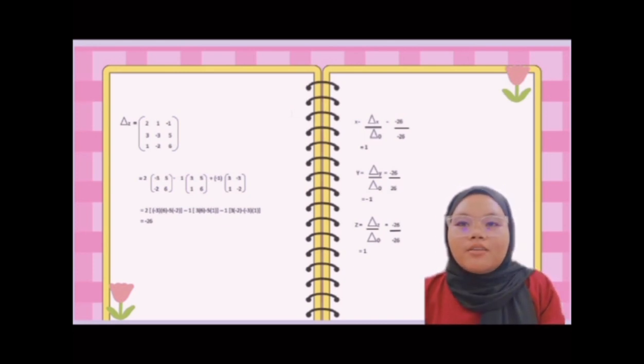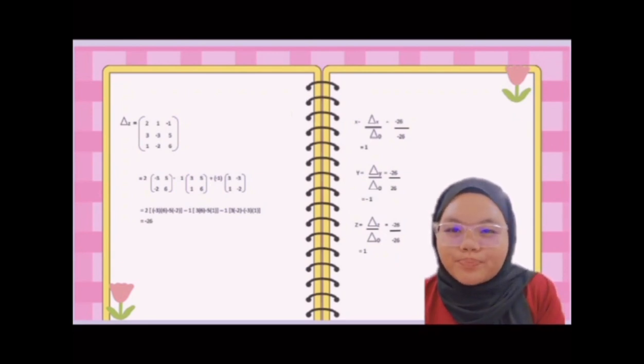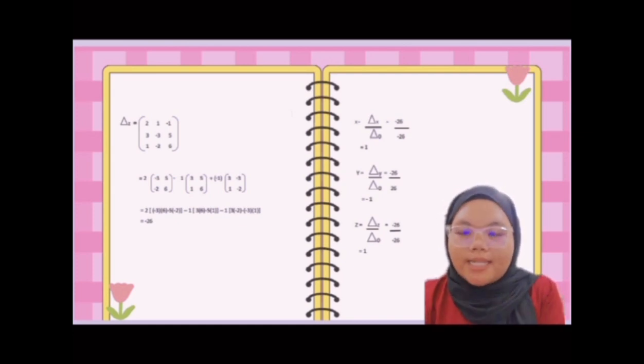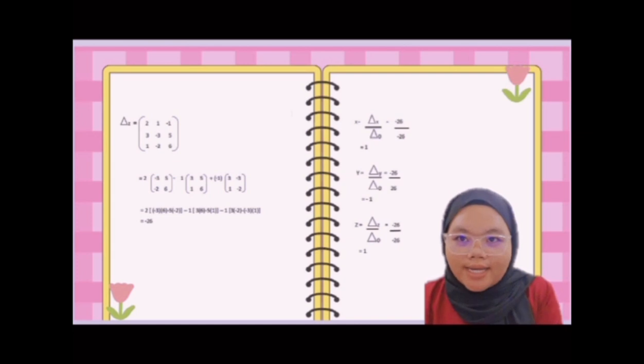Next, to find the values of x, y, and z. For x, delta x over delta 0 equals negative 26 over negative 26, which is equal to 1. So x equals 1.